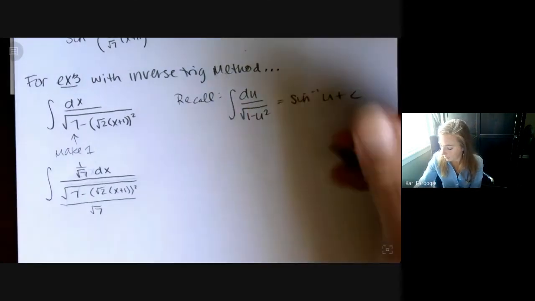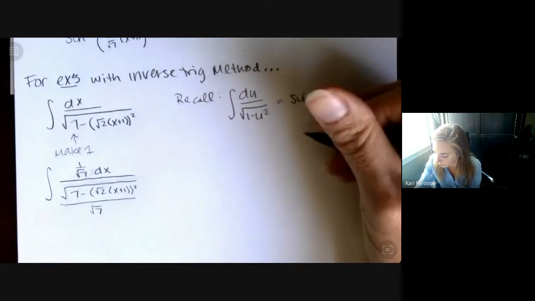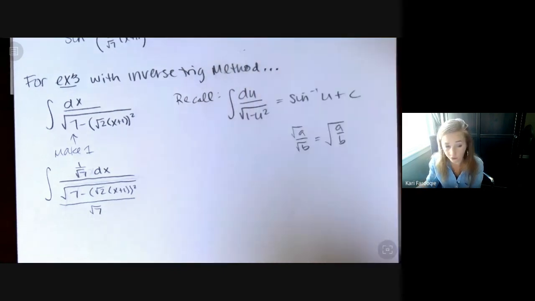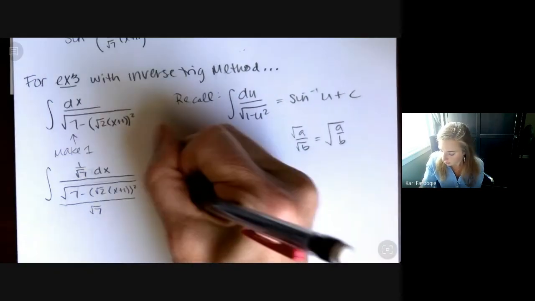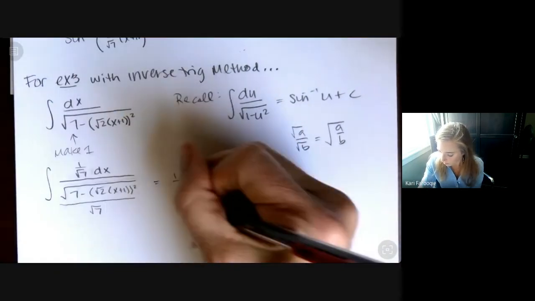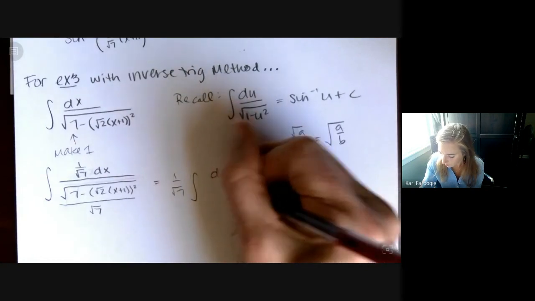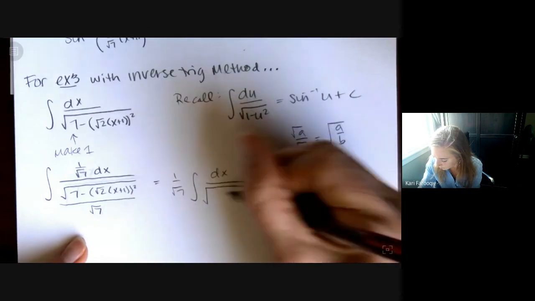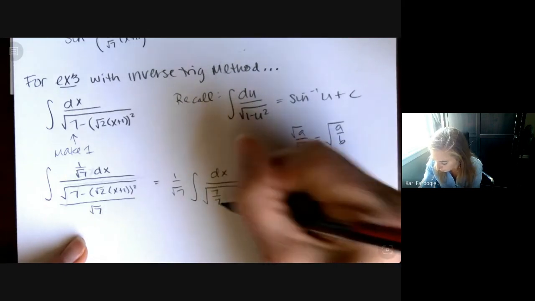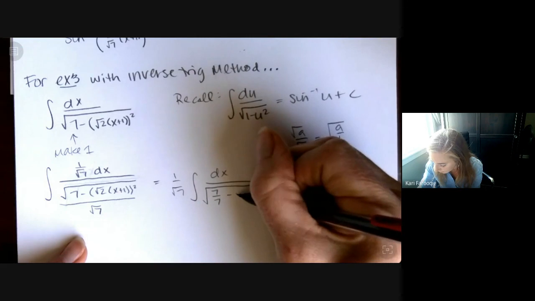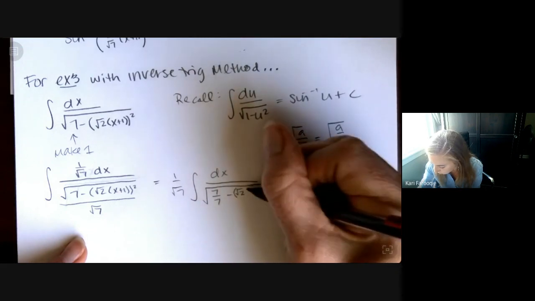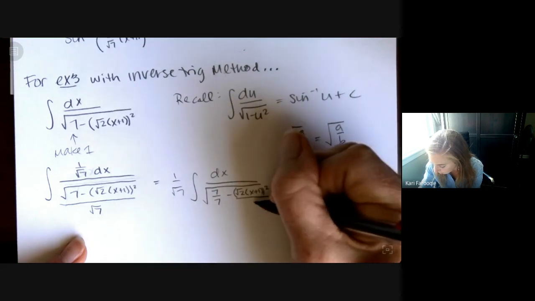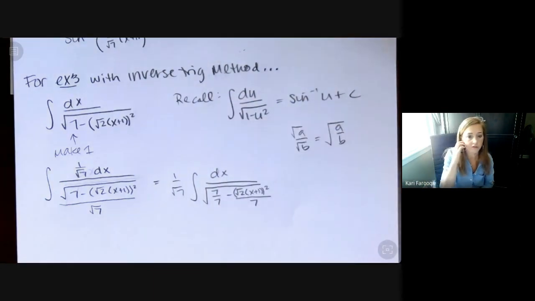And remember that I also have a rule from algebra that says that the square root of a over the square root of b is the square root of a over b. So this 1 over square root 7, I'm going to pull out front. The dx can stay right where it is. And then in the denominator now, I have 7 over 7 under 1 radical, and then the square root of 2 times x plus 1 quantity squared divided by 7 in the denominator.